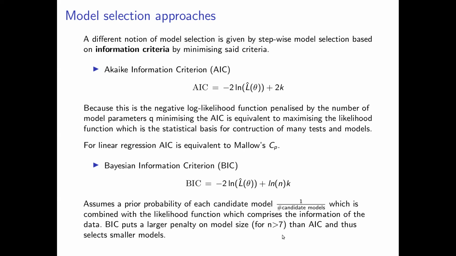And as soon as the number of observations exceeds 7, this BIC will always put a larger penalty on the size of the model than the AIC, and therefore BIC enforces smaller models compared to AIC. So choosing the criterion also is a preference for having larger or smaller models.